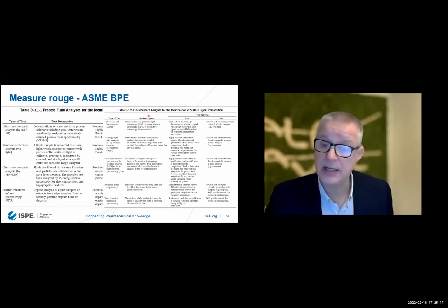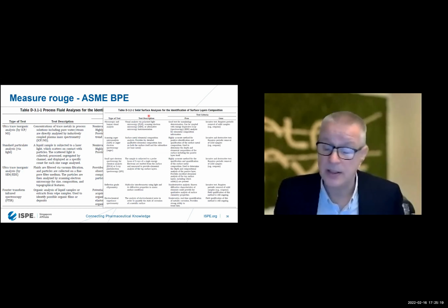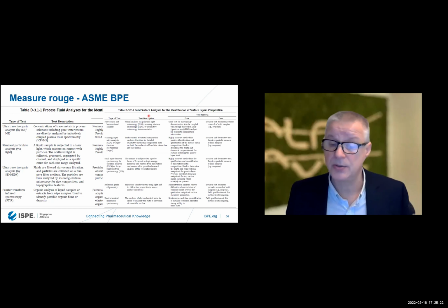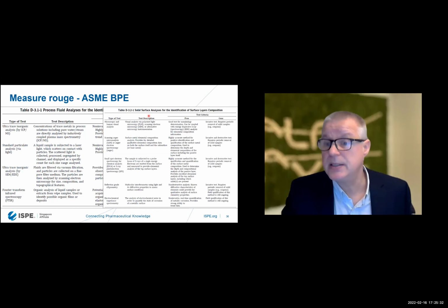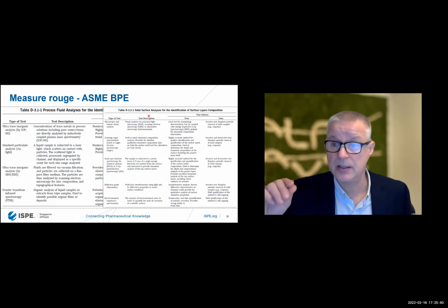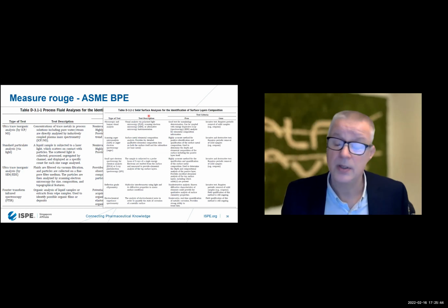But on the other hand, as I mentioned, if you have a filter at the point of use, if you're mixing injectables, then you will see it in the filter if you have rouge in the system. When you do maintenance, when you're replacing the PTFE diaphragm in the system, you will also see if you have rouge on these diaphragms.